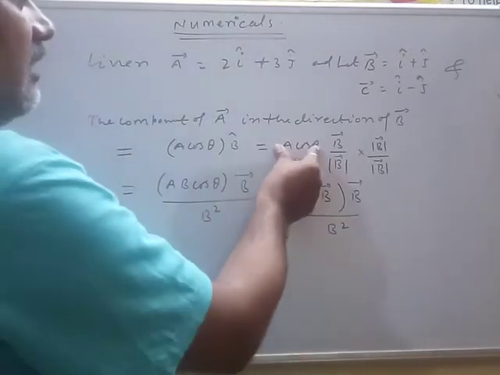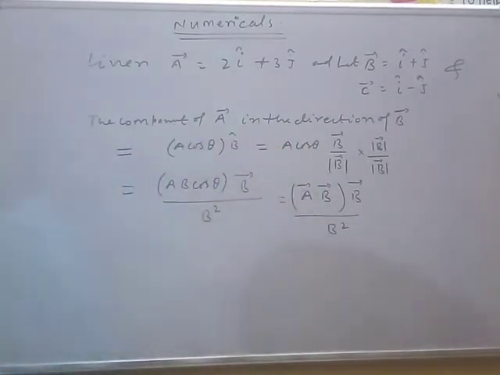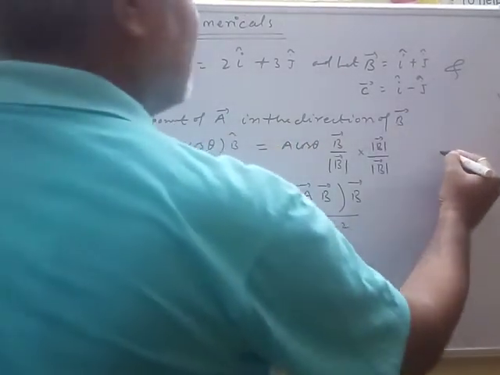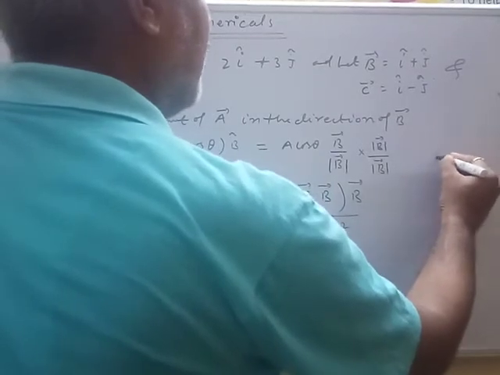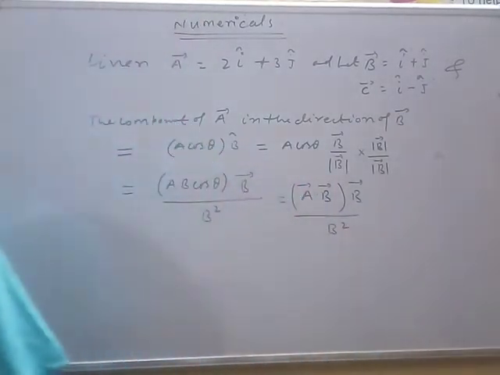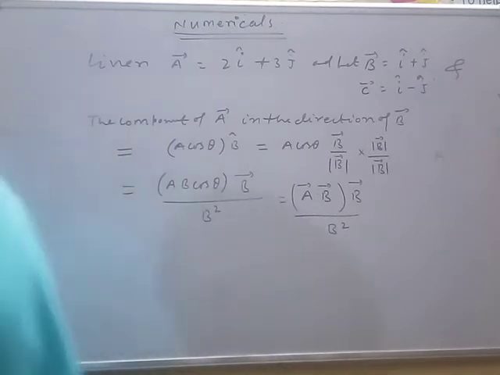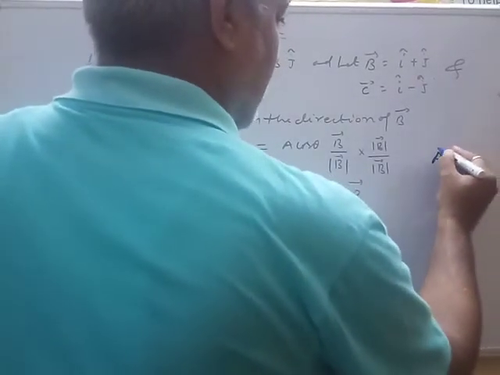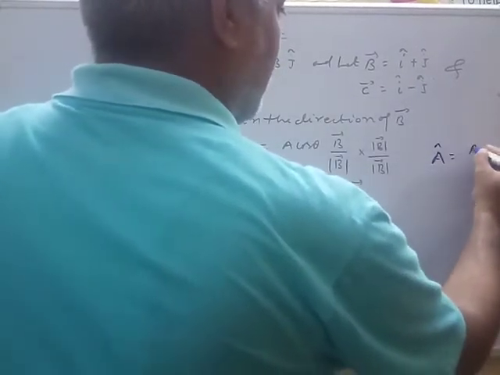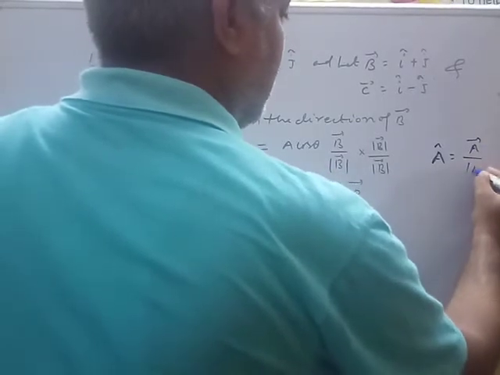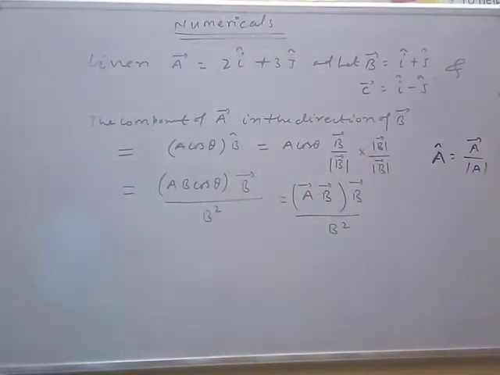Now, A cos theta and unit vector is written as follows.